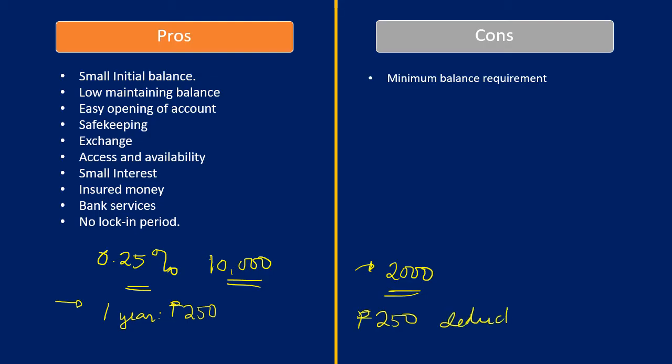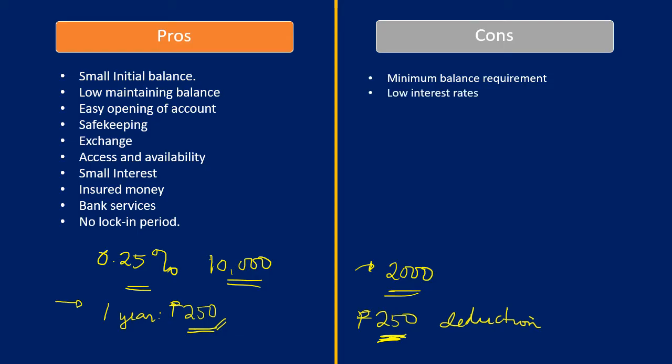So, see, yung tagal-tagal mo na hinintay na 1 year to get 250 pesos from the bank, in just one click, 1 month, you lose already 250 pesos. What if your interest is even lower than 250, and then you get a deduction of 250 pesos? Lugi ka pa.